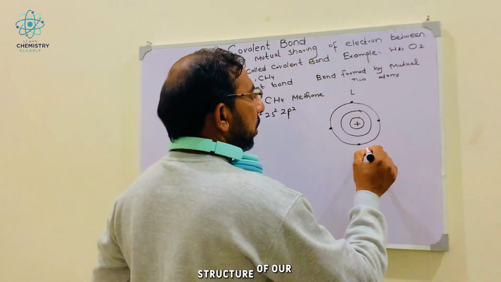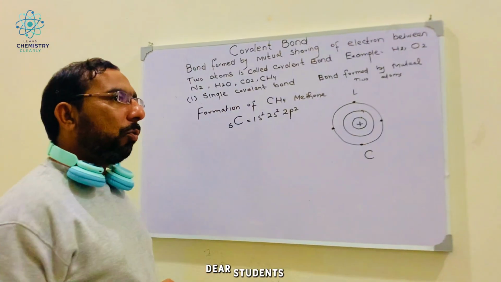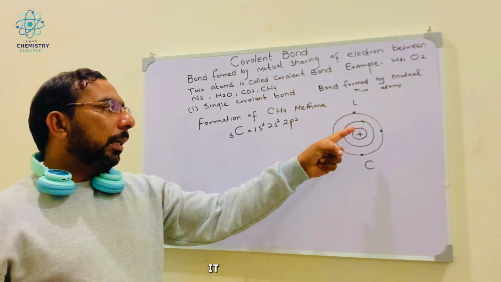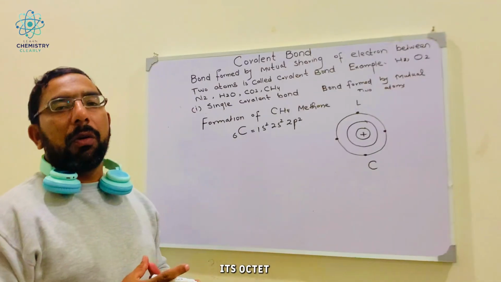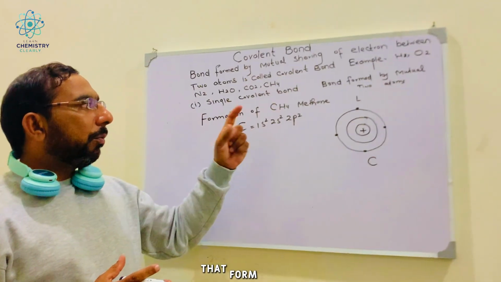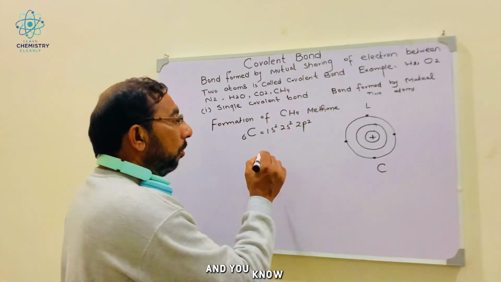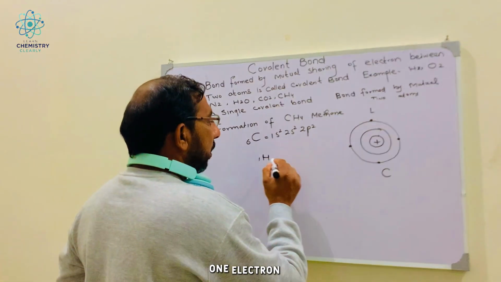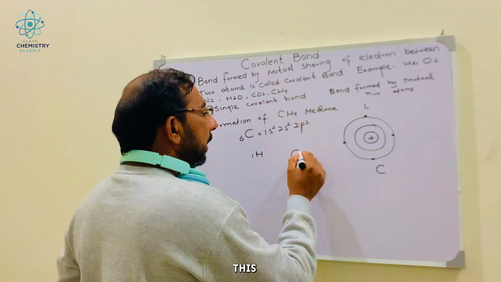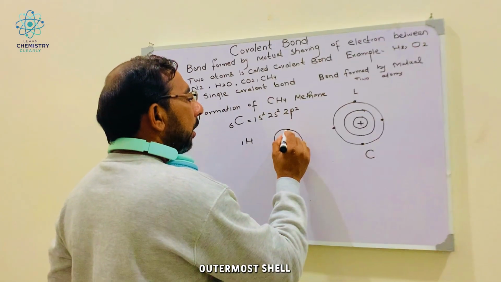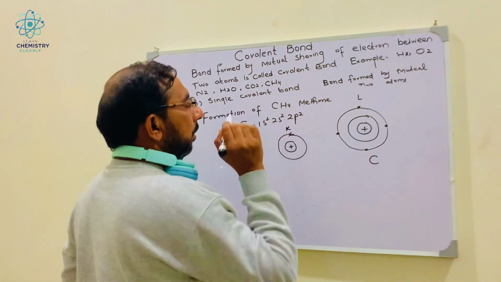This is the structure of carbon atom. Dear students, you can see its octet is not complete. It needs 4 electrons to complete its octet. But the other atom that makes bonds with carbon is hydrogen, and you know hydrogen has only 1 electron. If I write its structure like this, the electron is present in its outermost shell, it's called K shell.